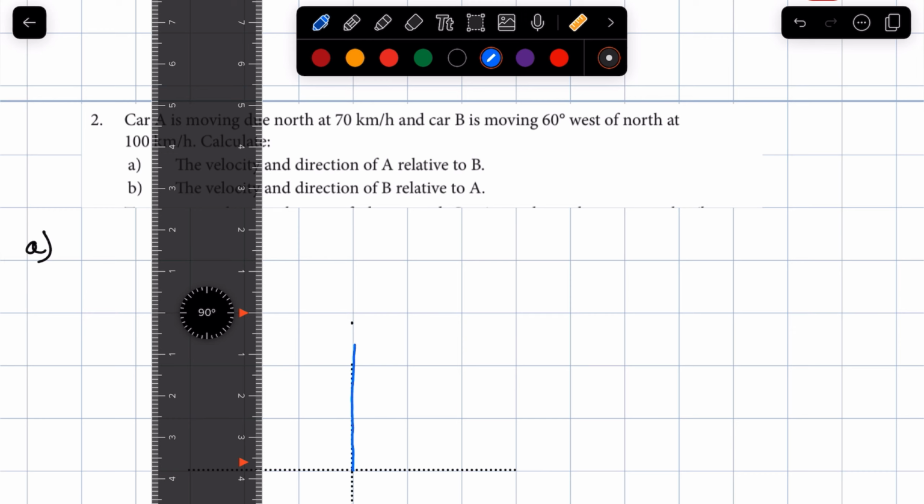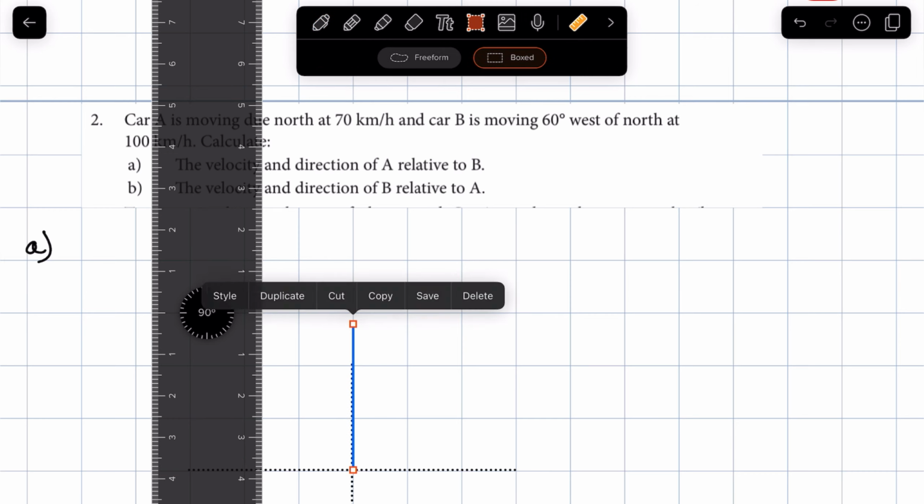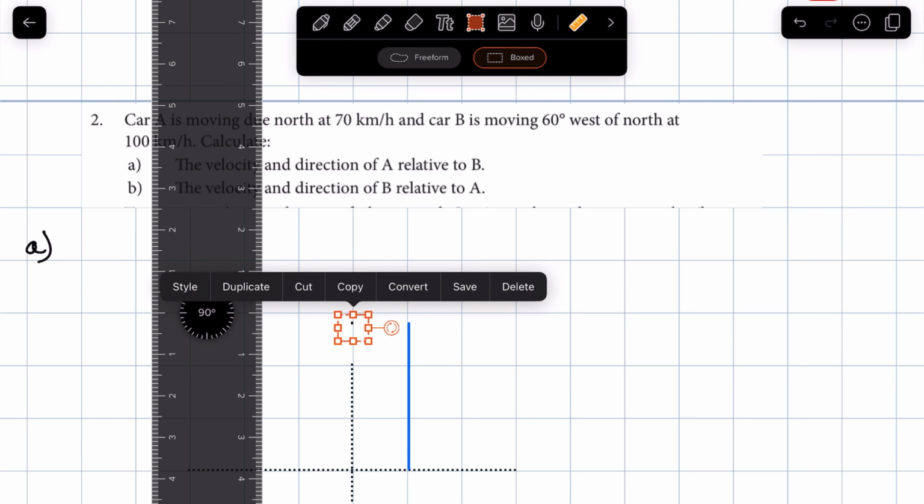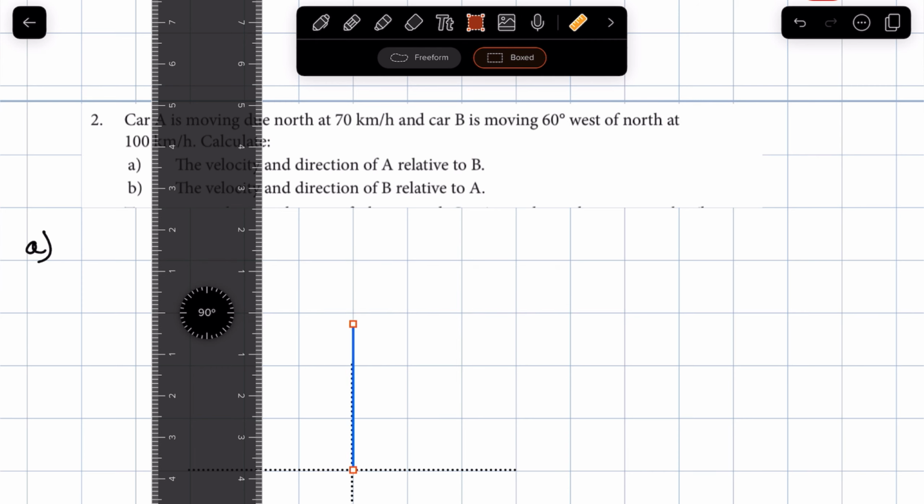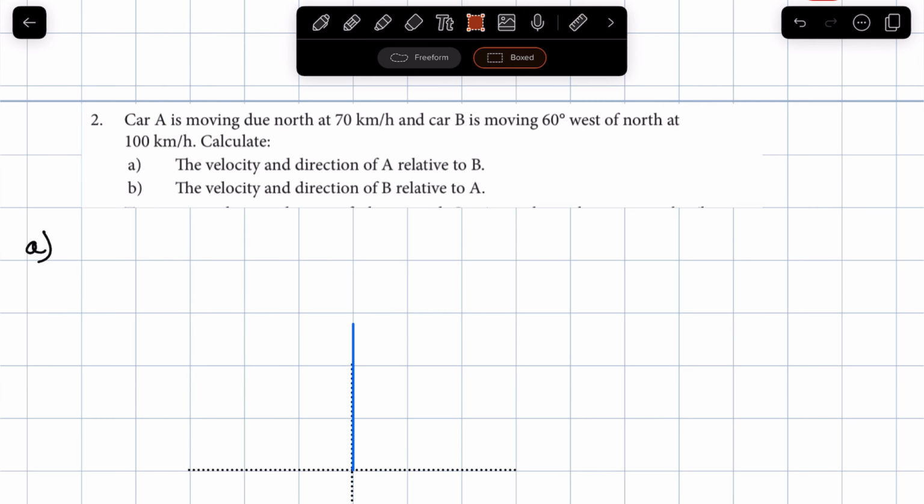You said this is moving north, so VA is moving north and this is 70 kilometers per hour. Again, the velocity of the object or the direction thereof, you represent on the Cartesian plane exactly how it's been given in the statement.